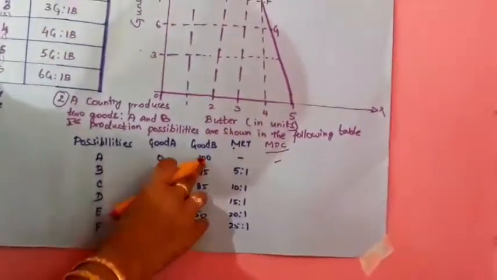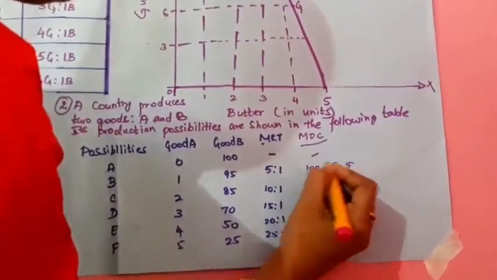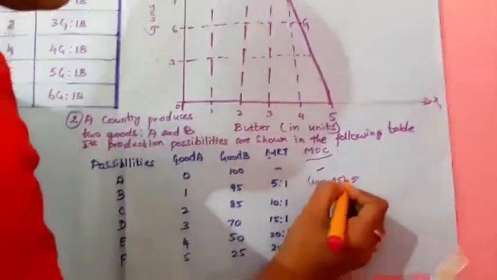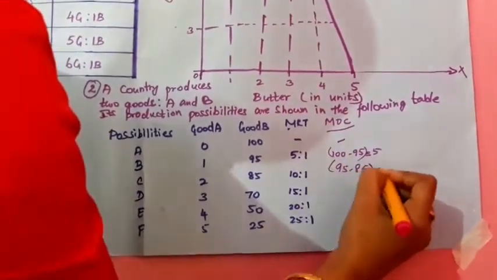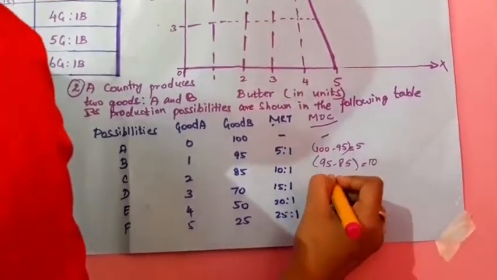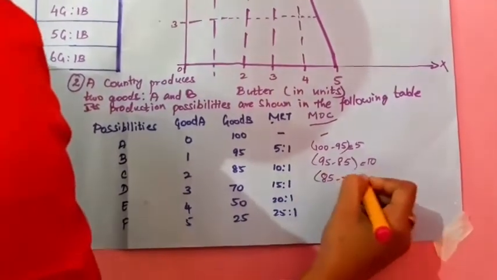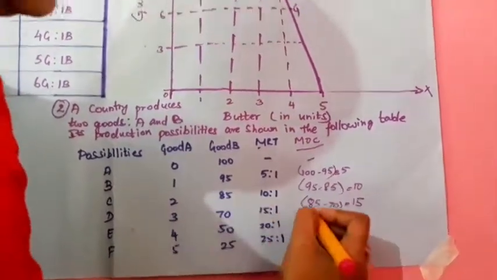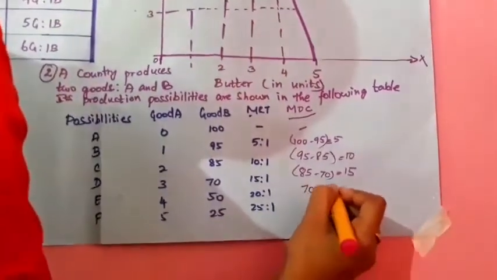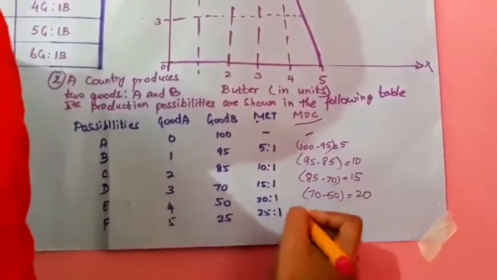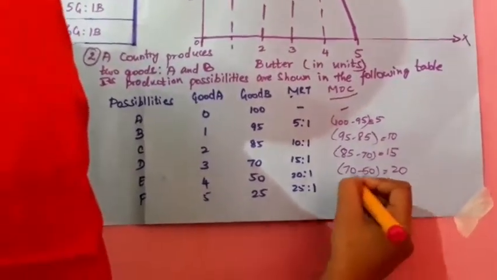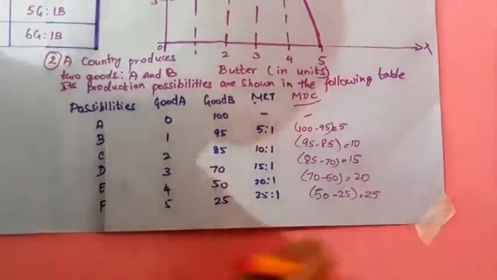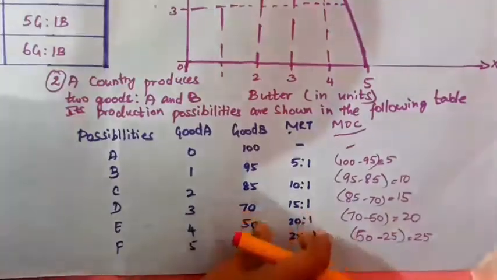Then the next will be 100 minus 95, that is 5, and 95 minus 85, that is 10, and 85 minus 70, that is 15, 70 minus 50, that is 20, and 50 minus 25, that is 25.